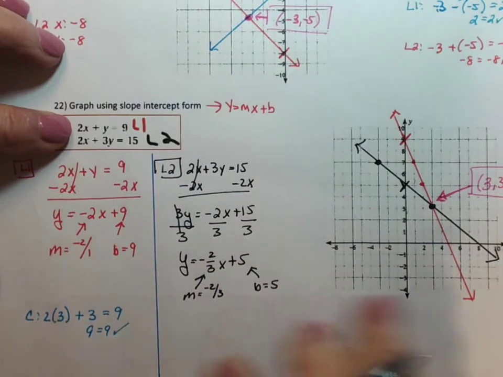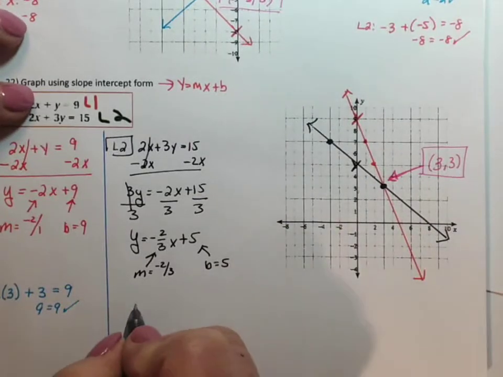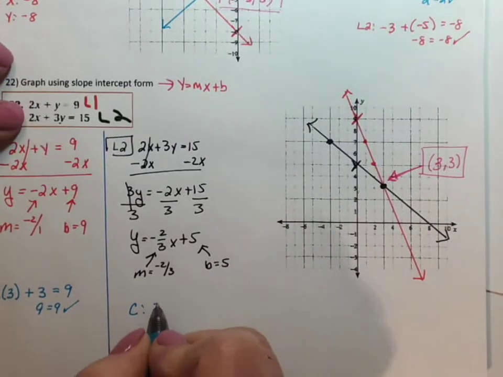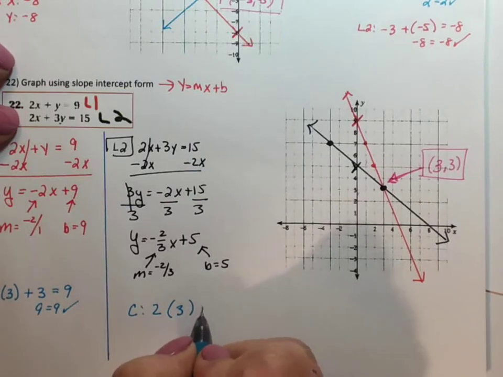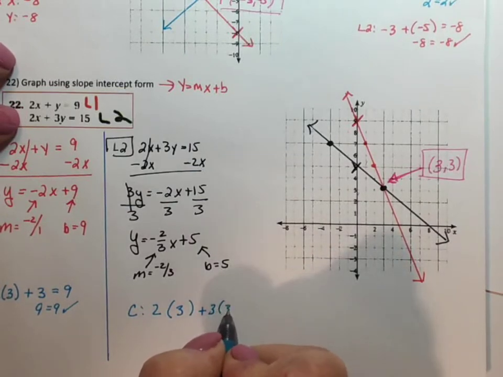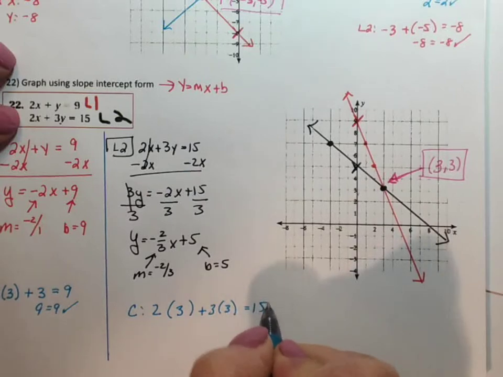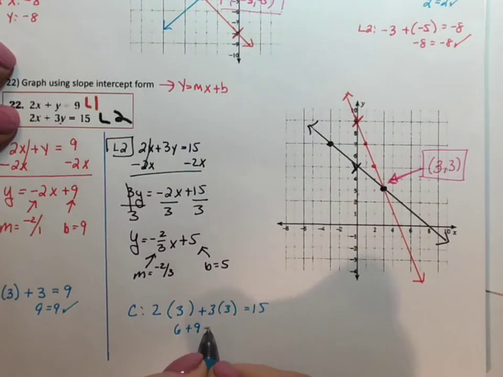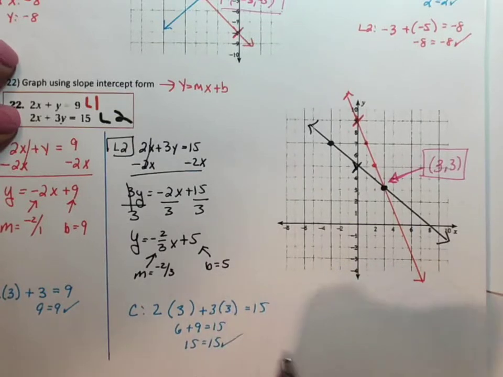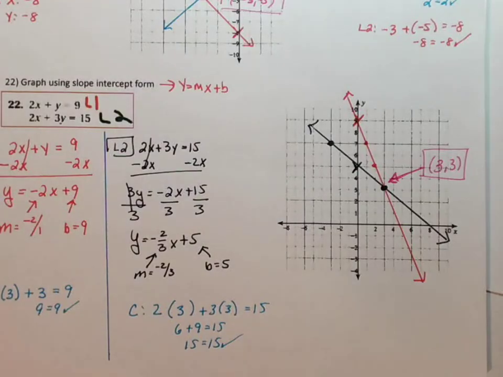It checks. I'm going to check the other equation. 2 times 3 plus 3 times 3 equals 15. 6 plus 9 equals 15, and 15 equals 15, and that checks.